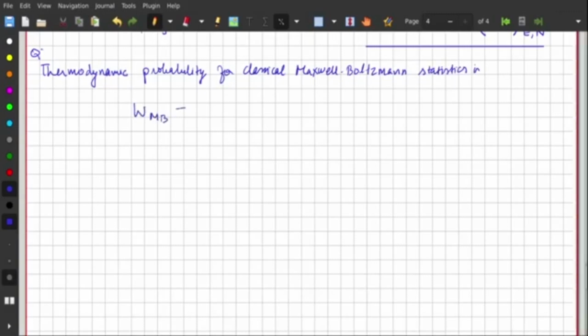Let's write the question. W_MB is given by N factorial times the product over j of gj to the power nj divided by nj factorial.